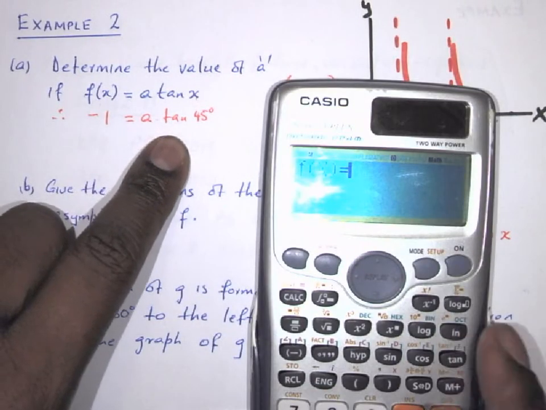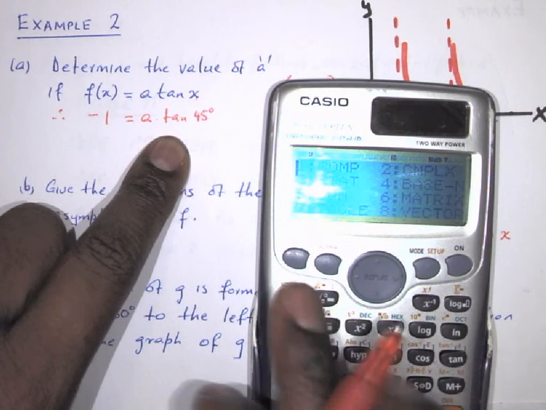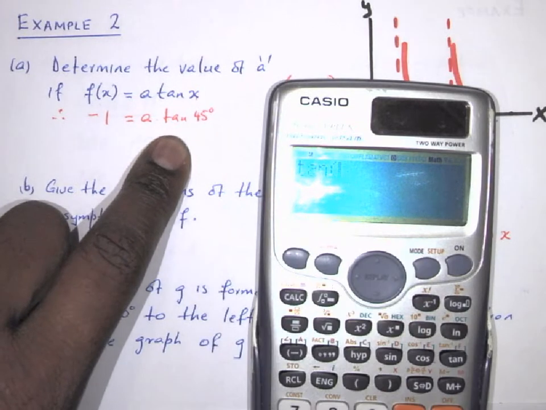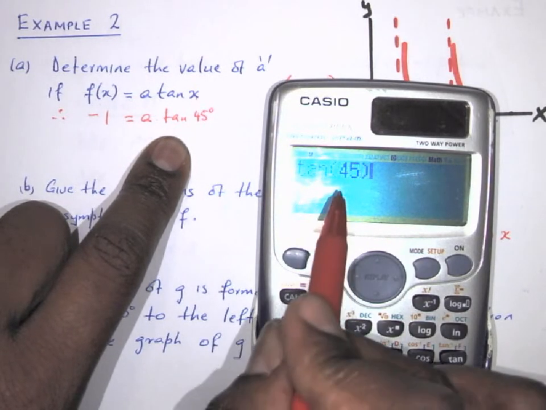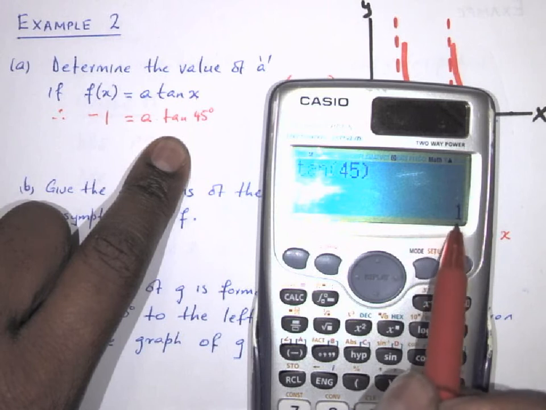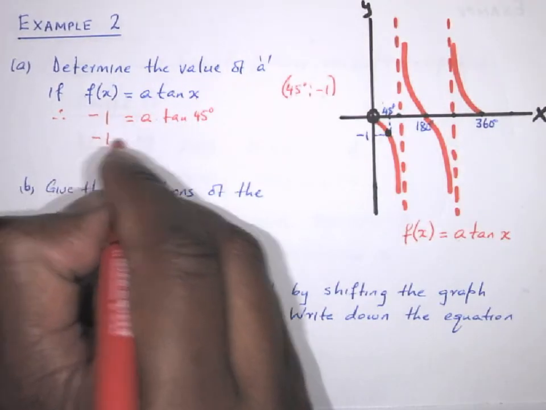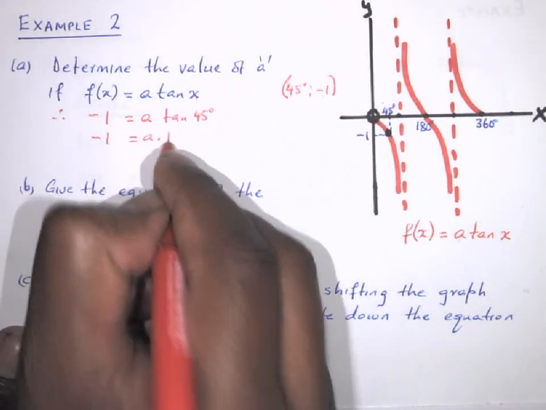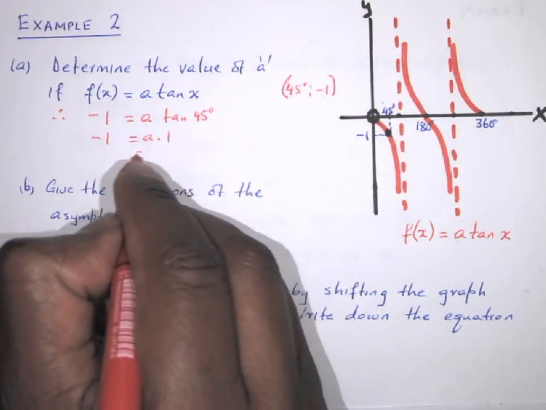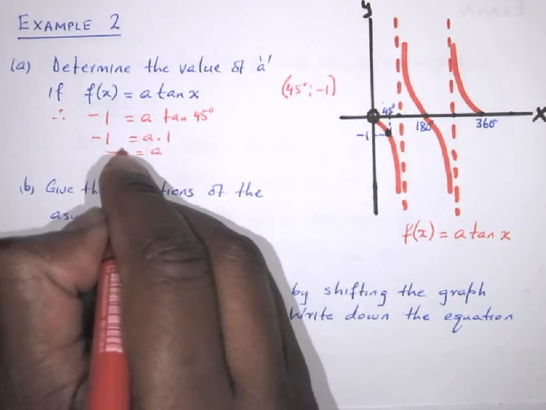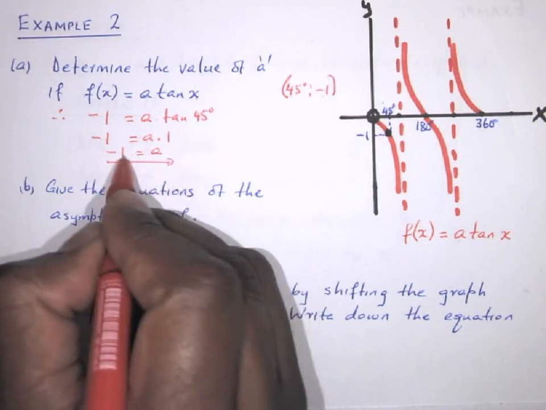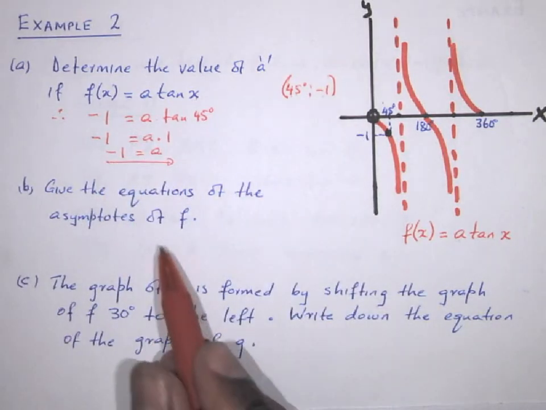Let's shift, tan of 45 degrees. The answer is 1. So now I've got -1 is equal to a multiplied by 1. So a times 1 gives you a, therefore a equals -1. So my a value is -1.